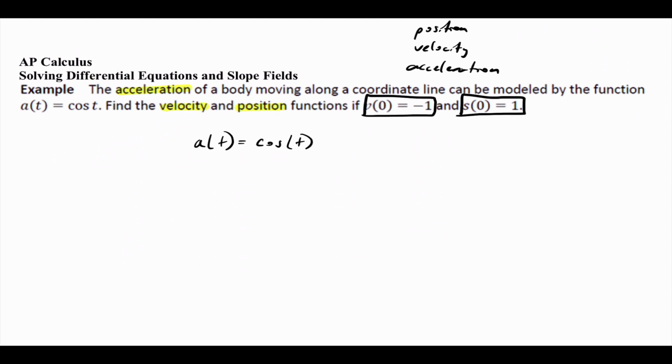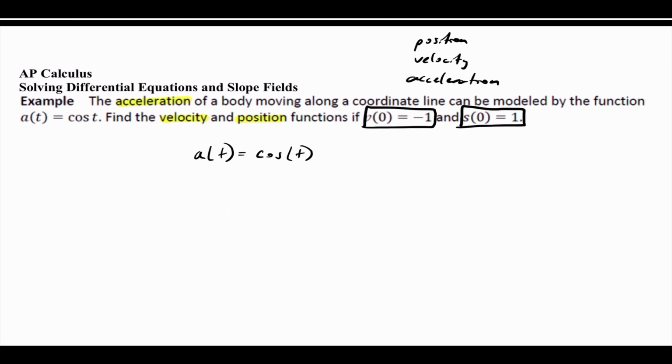So we got to start at the bottom. We're starting with the acceleration, and I got to work my way up. I can't make a jump in one. I have to go one by one. So first thing I have to do is up to velocity. That's going to take antiderivative.